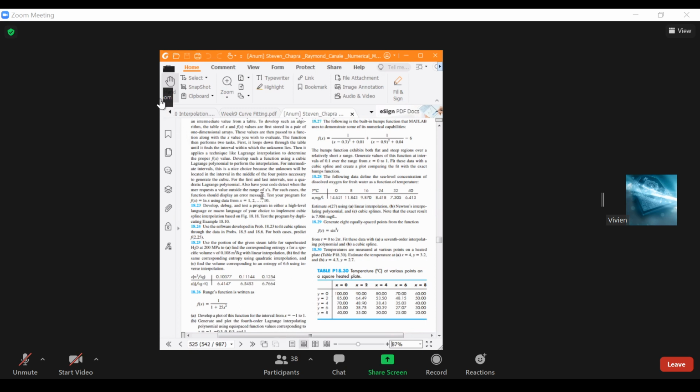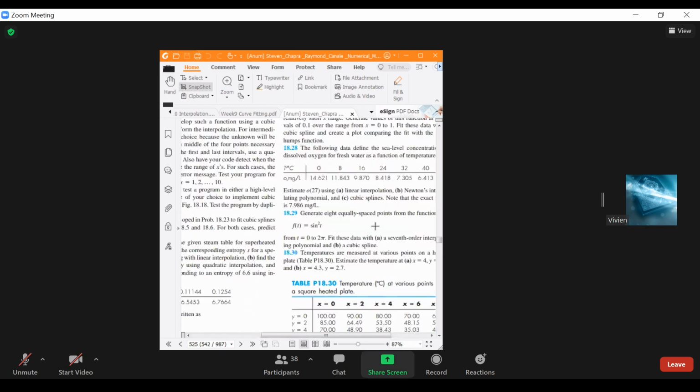Okay, so I think we can work on example 18.28, in which we want to find the sea level concentration of dissolved oxygen in the water, which is a function of temperature. Now estimate the value at 27.